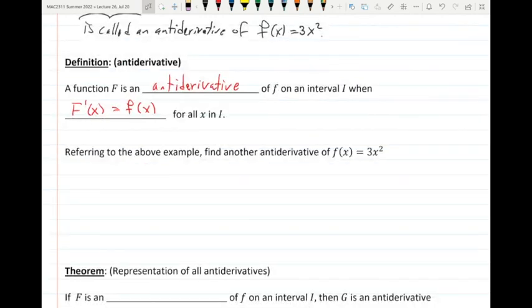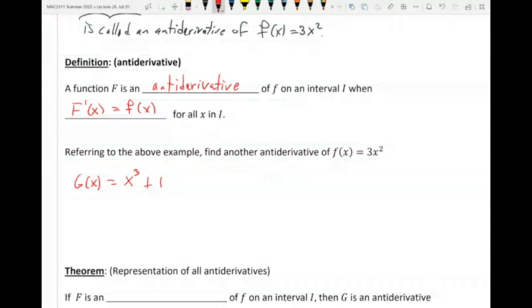So, referring to the above example, find another antiderivative. For example, we could consider the function g of x, which is, I don't know, x cubed plus 1, right? Or any other.